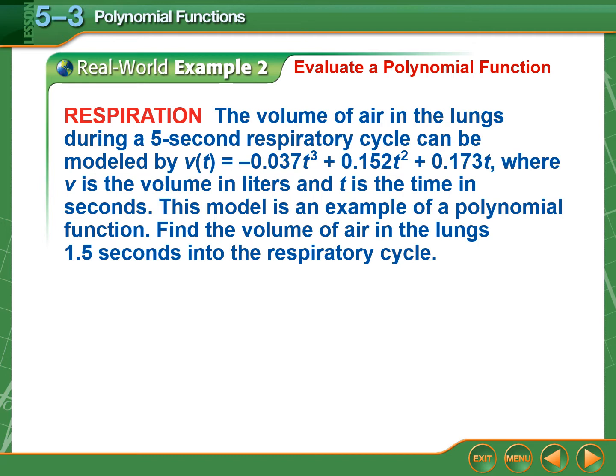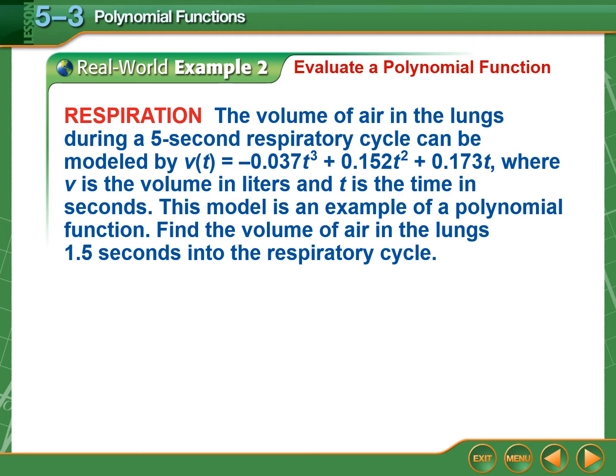And so in this first example, we have the respiration, the volume of the air in the lungs during a 5-second respiration cycle is modeled by the equation, or the function, V of t equals negative 0.037 t cubed plus 0.125 t squared plus 0.173 t.